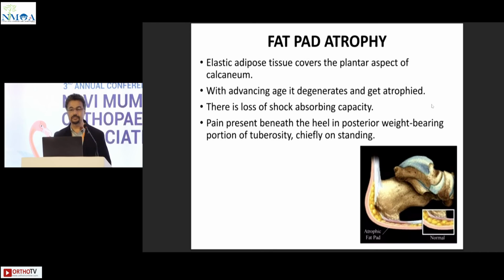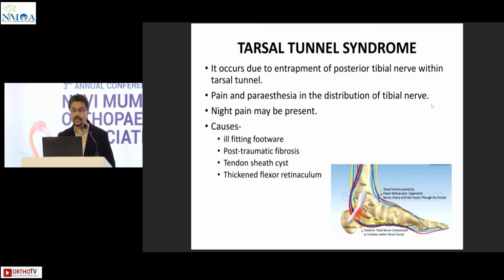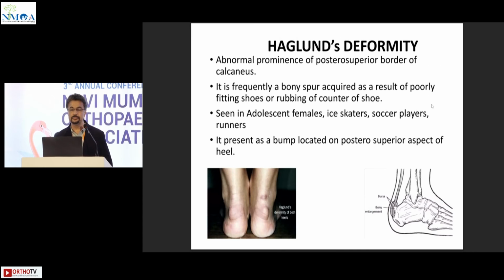The other causes are fat pad atrophy and tarsal tunnel syndrome, where you have entrapment of the posterior tibial nerve within the tarsal tunnel. You have pain and abnormal sensation in the distribution of the tibial nerve, and more night pain in these particular cases. Again, the causes are the same: ill-fitting shoes, post-traumatic fibrosis, tendon sheath, thickened flexor retinaculum.